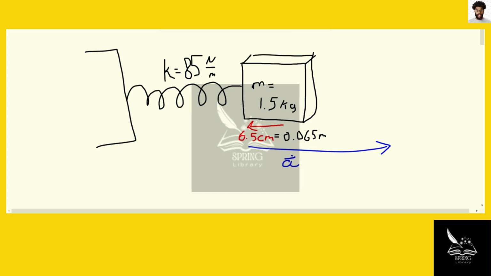So for this problem, we only actually need two equations. We need Hooke's law, which deals with springs, and we need Newton's second law. Just the N is short for Newton.